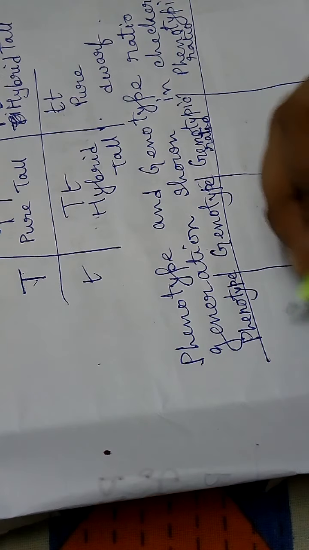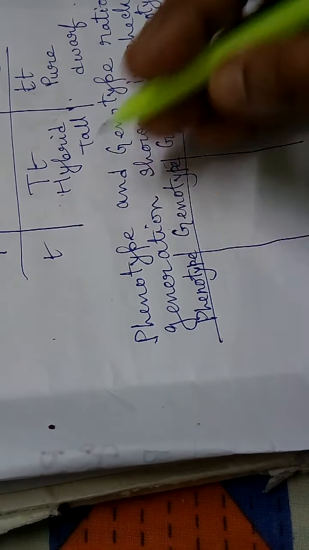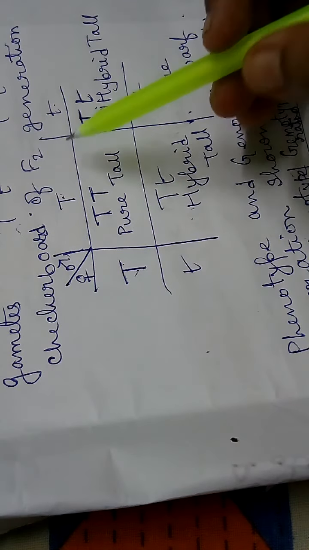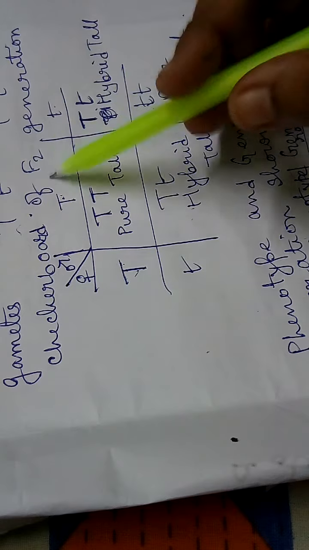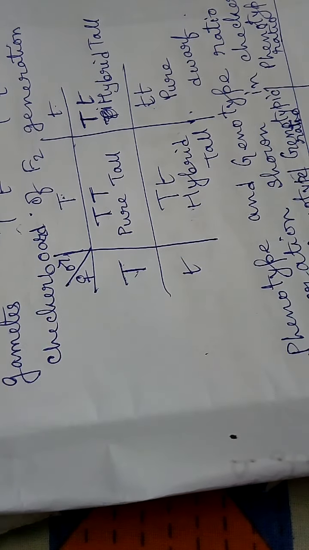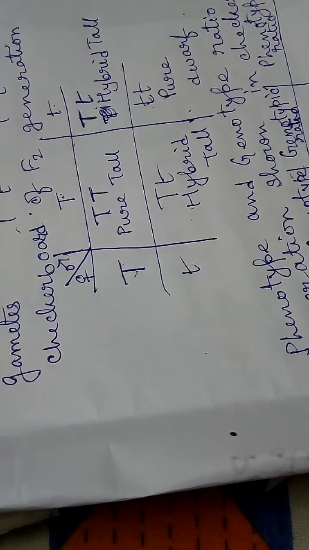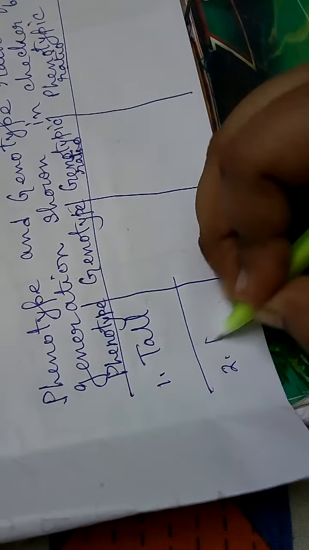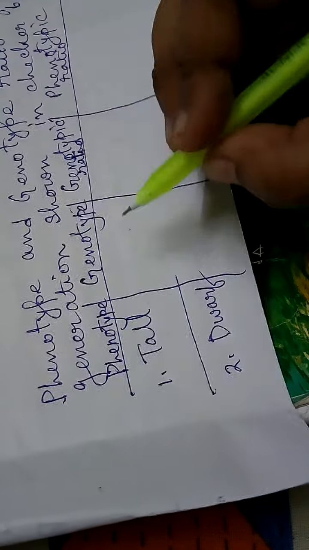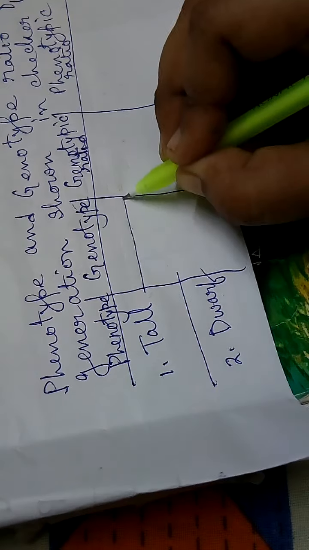First we write all the phenotypes here. What kind of phenotypes did we find from this checkerboard of F2 generation? One is tall, another one is dwarf. Tall and dwarf.